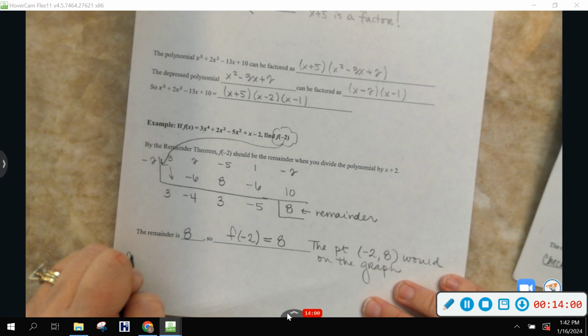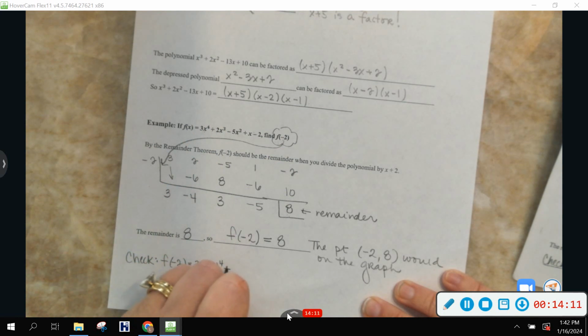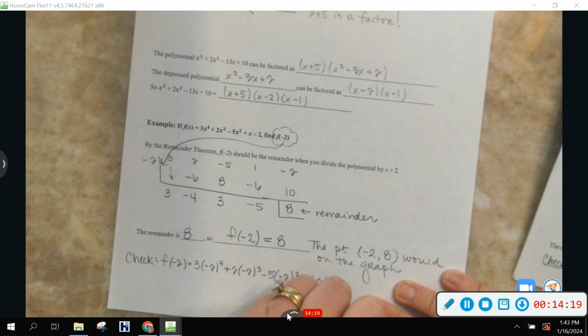And so let's just check. Let me verify again what this means. If I put negative 2 into the function, meaning 3 times negative 2 to the 4th plus 2 times negative 2 cubed minus 5 times negative 2 squared plus negative 2 minus 2.